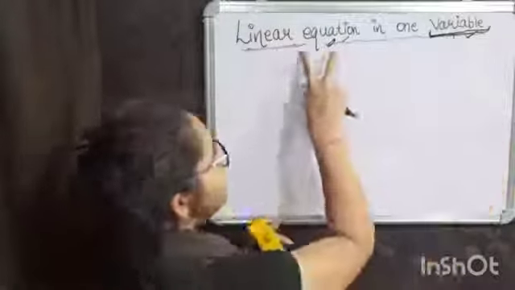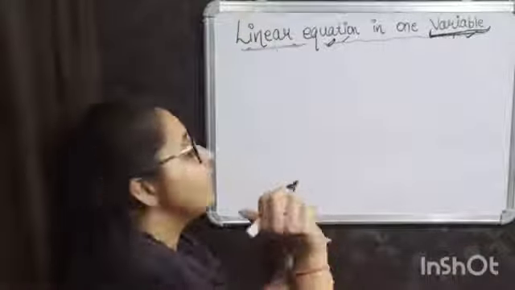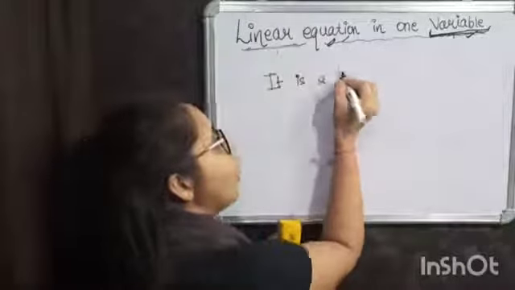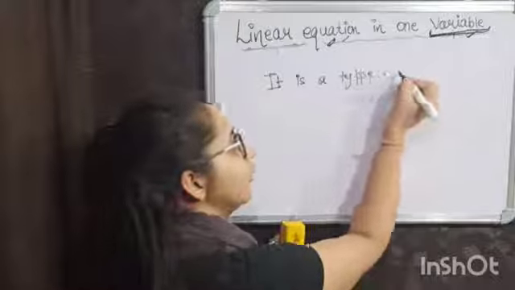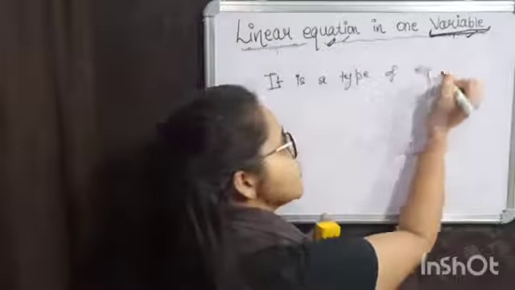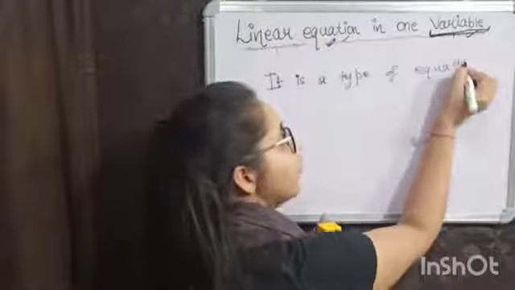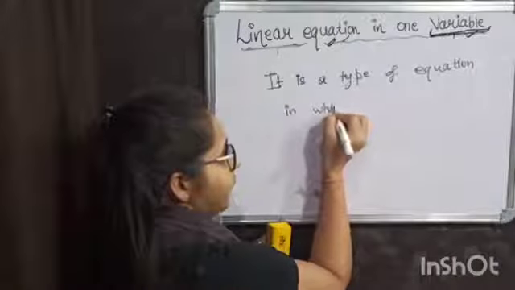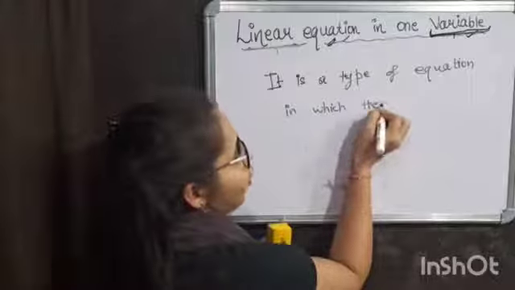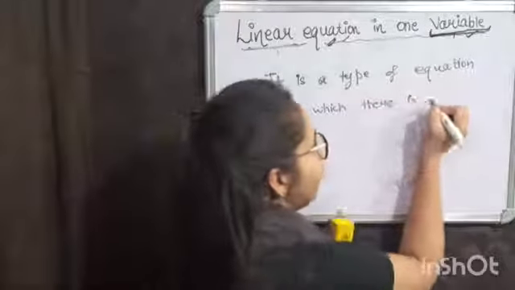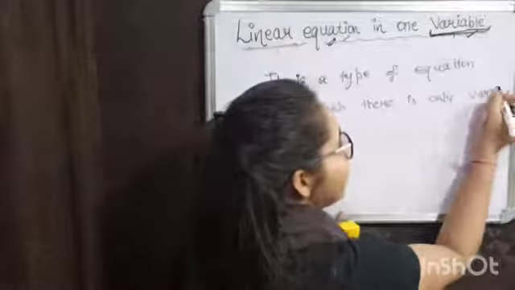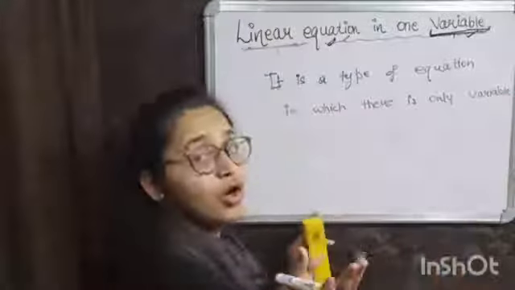So the definition of linear equation in one variable is, it is a type of equation. First of all, it must be an equation. It is a type of equation in which there is only one variable, maybe x, maybe y.